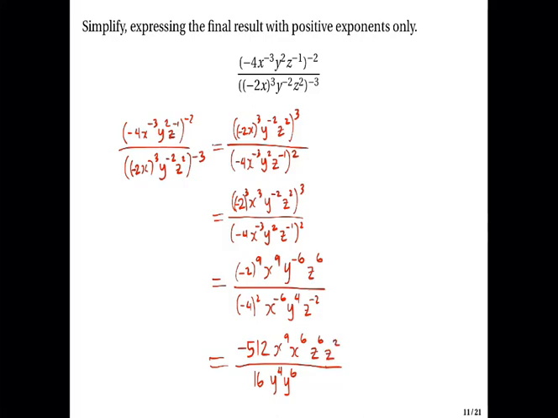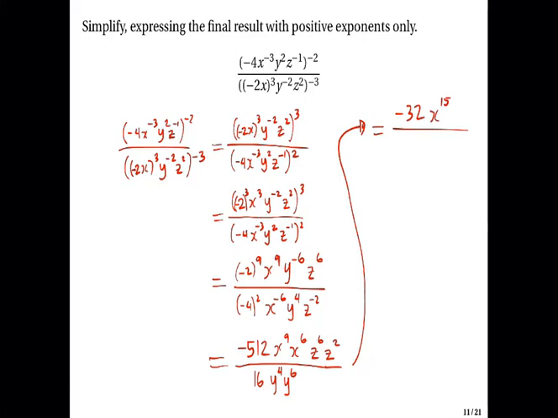And then we apply laws of exponents, and then we simplify also. For the constant, you have negative 512 divided by 16. Do the division, it's negative 32. And then here you have x to the 9, x to the 6. You add the exponent. So x to the 15.